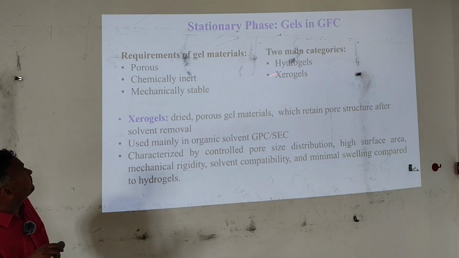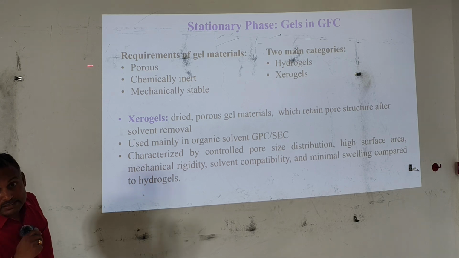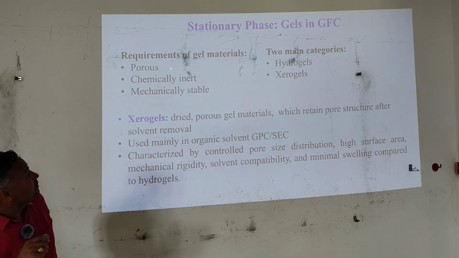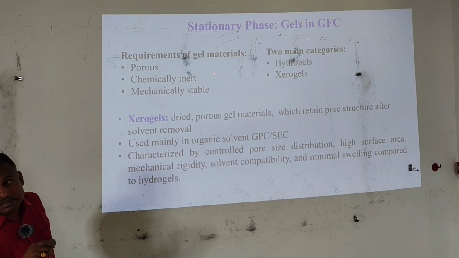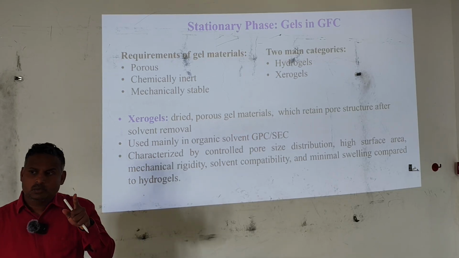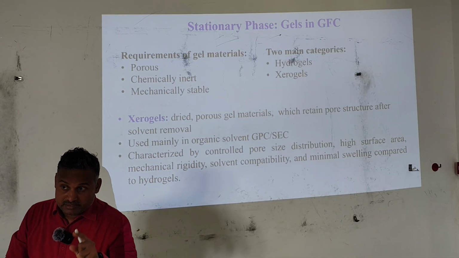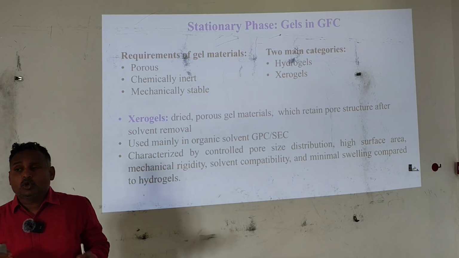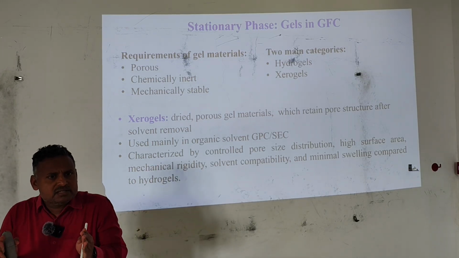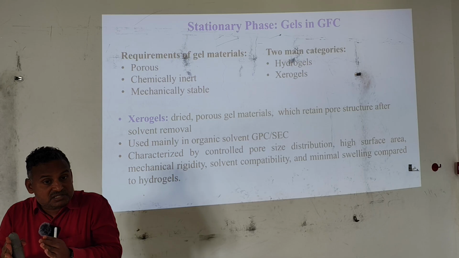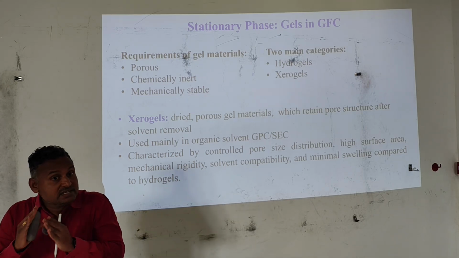Gels in GFC: requirement of gel materials. Gel materials must be porous and chemically inert, because we don't need any interactions. There should not be any chemical reactions between the molecules and stationary phase, between the mobile phase and stationary phase.